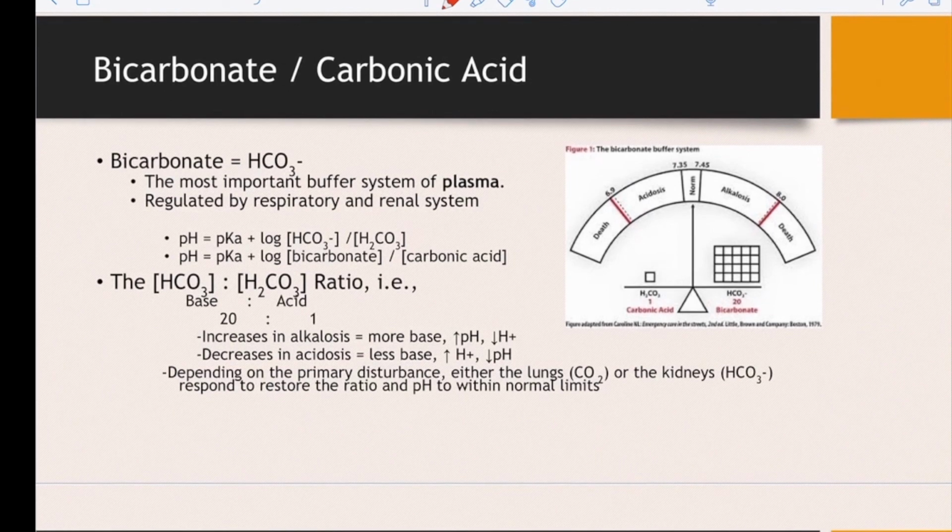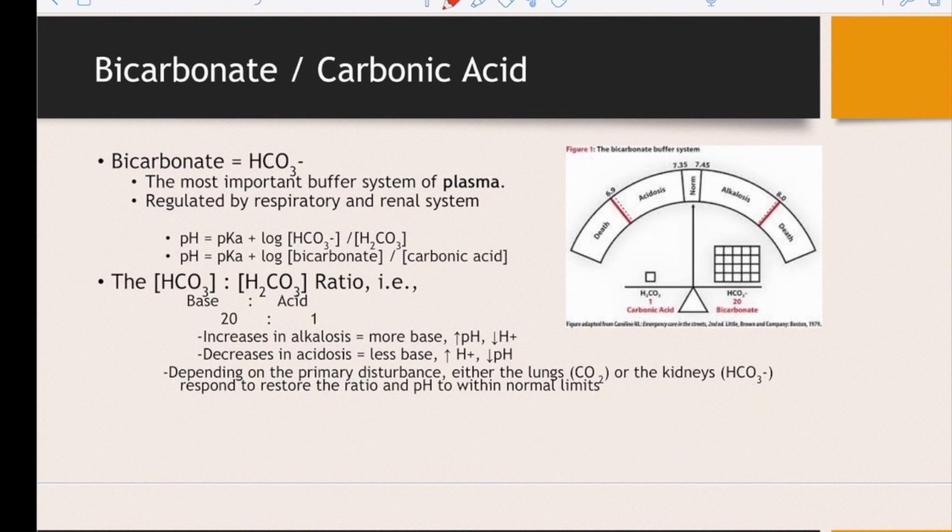Okay. These slides, you'll find, kind of repeat themselves, but hopefully that shows you what is really important for you to know and understand in order to be successful with blood gases.